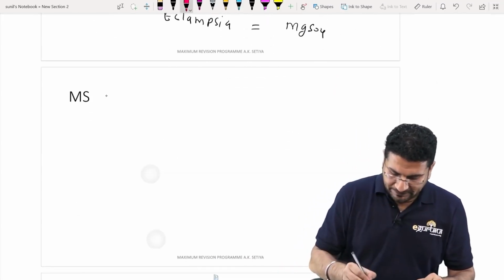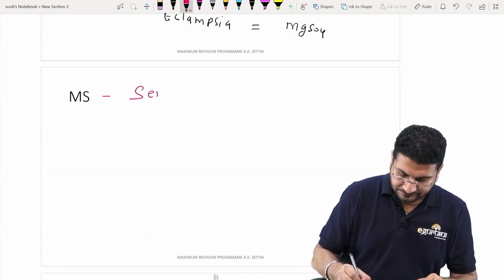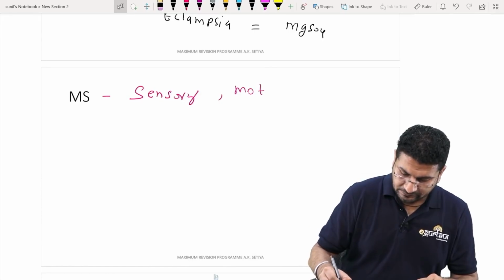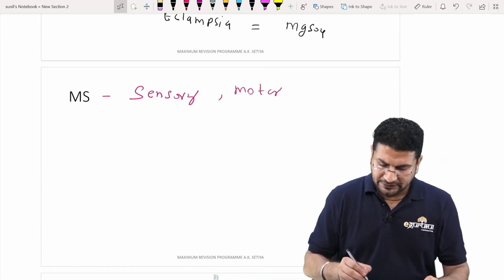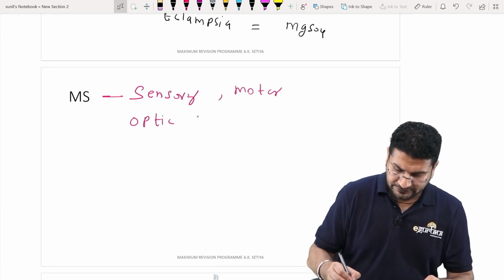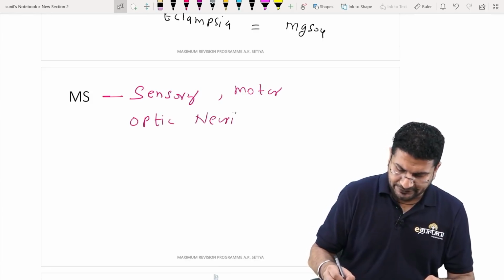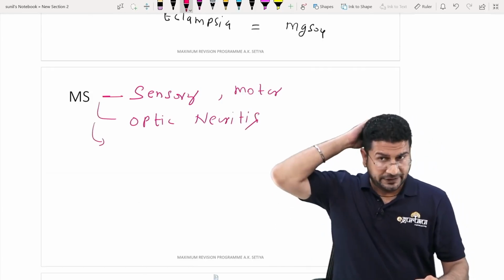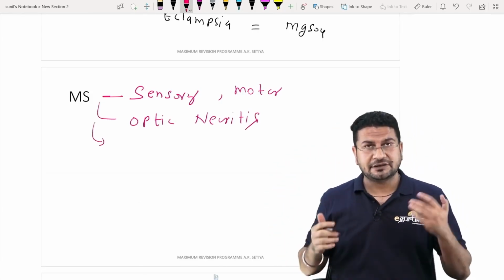Multiple sclerosis, you will see the patient will have sensory complaint. There will be motor complaint. There will be optic neuritis. The patient will have, when you flex the neck, an electric current like sensation.